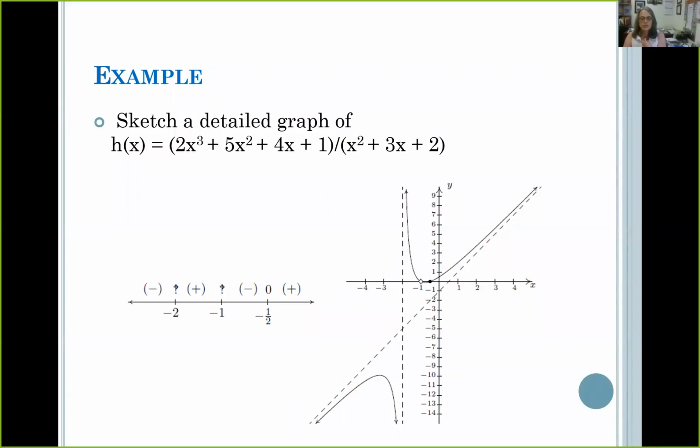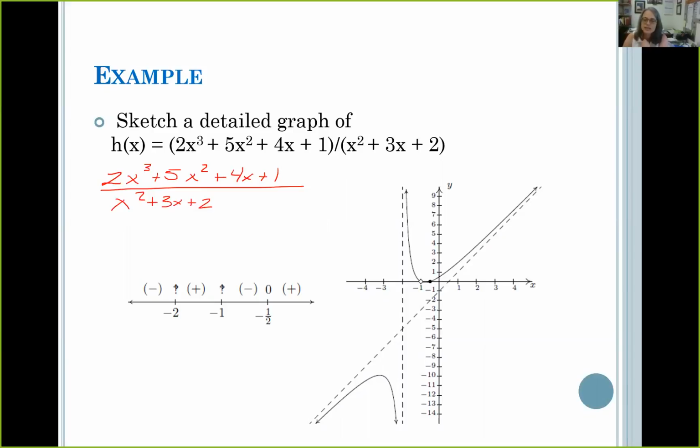This happens when my numerator has a higher degree than my denominator. My numerator is 2x^3 + 5x^2 + 4x + 1, and I'm dividing that by x^2 + 3x + 2.